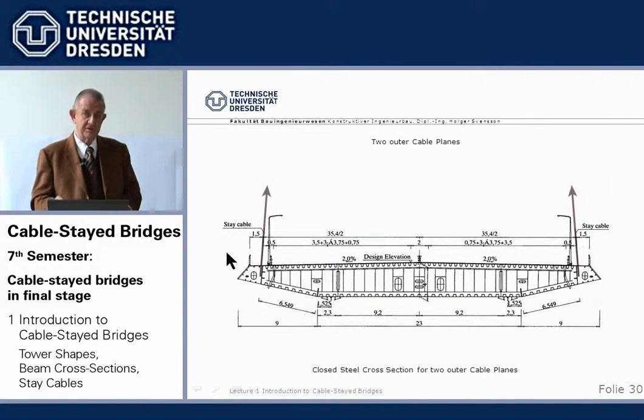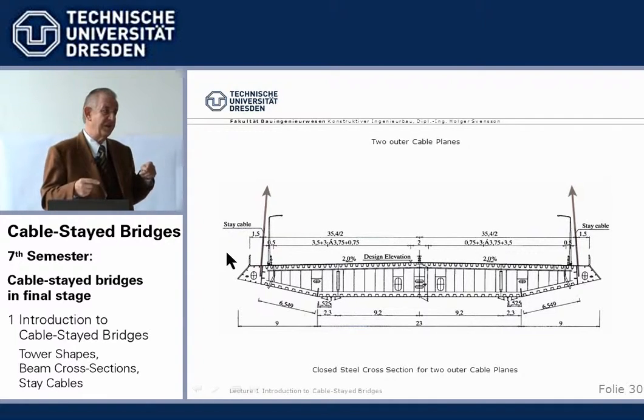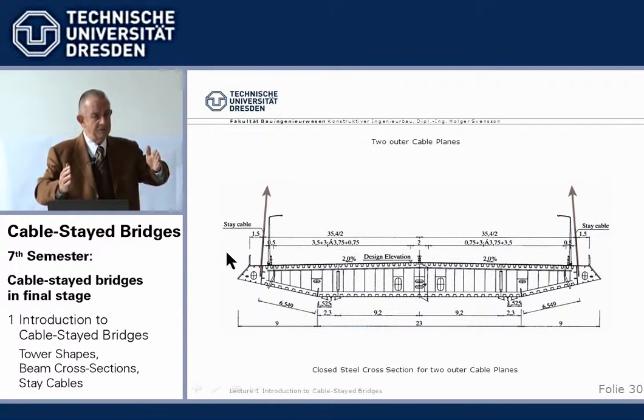It's not always required. However, a box, of course, increases the torsional stiffness, the torsional frequency, and therefore for very long spans, we may use both the outside two cable planes, which already provide us torsional stiffness, plus the inner torsional stiffness.